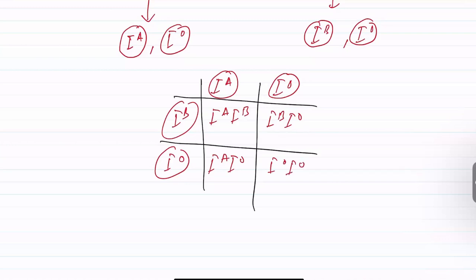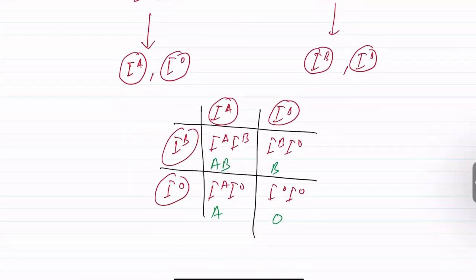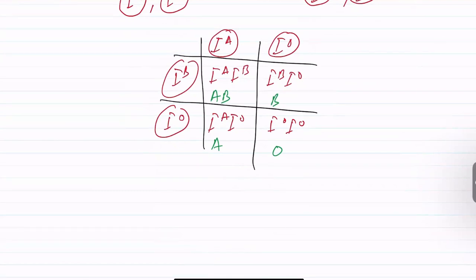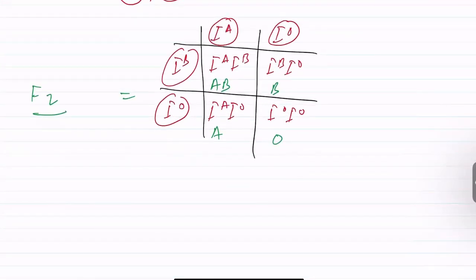So this would be group AB, group B, group A, and group O. All 4 possible groups will be produced in their offspring if the 2 parents heterozygous for different blood groups are married together. So this is an F2 ratio. And this is homozygous recessive.